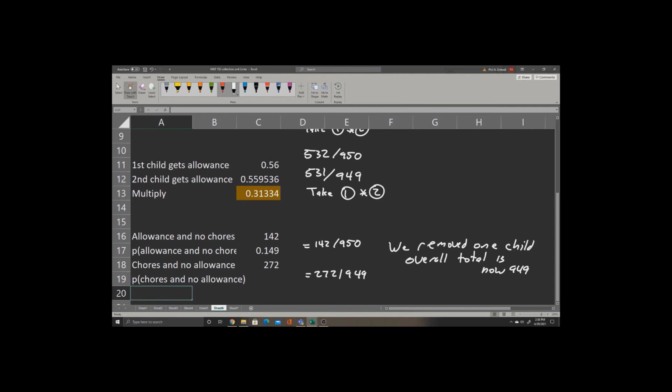Notice we did not subtract 1 from the 272. The reason why we didn't subtract anything from the 272 is that the first event is a different category than the second event. Therefore, we don't subtract 1.